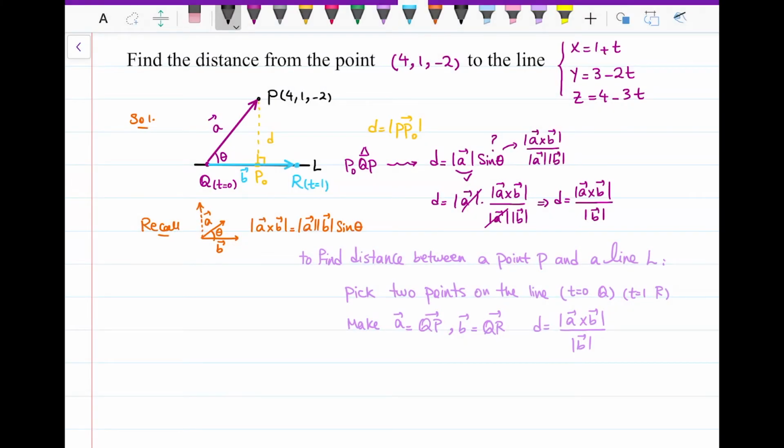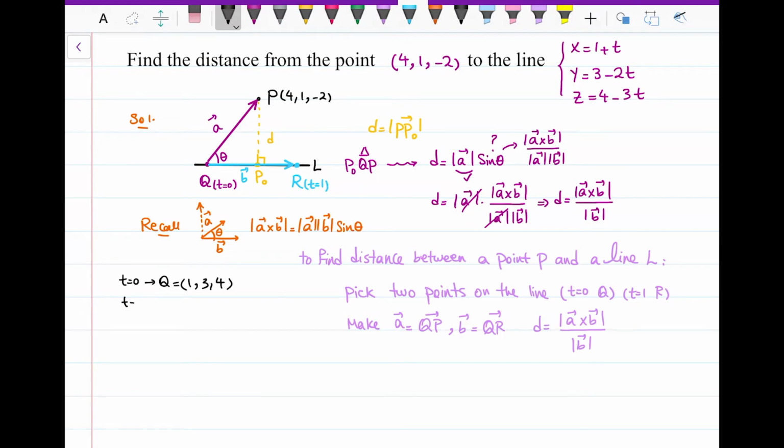Okay, now for this specific example, let's pick 2 points. At t equals 0, I'm picking the point Q, which is just plugging 0 in here. I get 1, 3, 4.